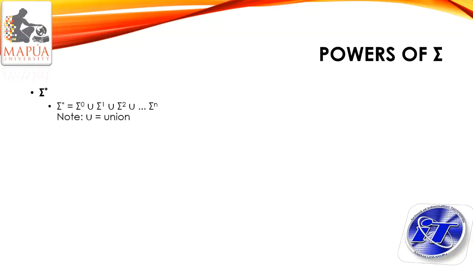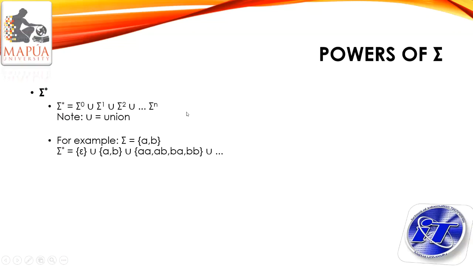We could decompose sigma asterisk as sigma 0 union sigma 1 union sigma 2 union up to sigma n.